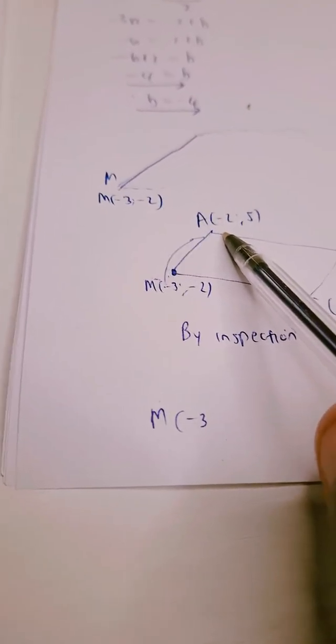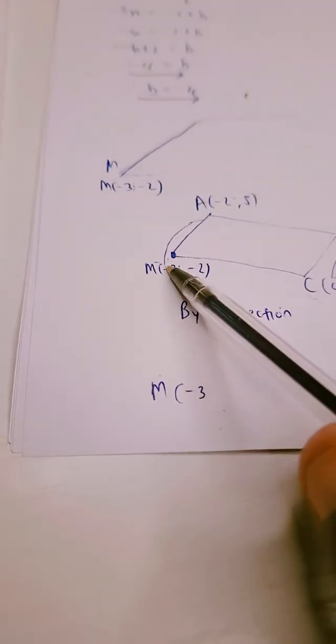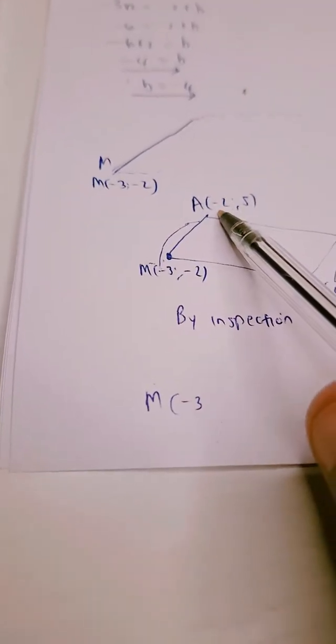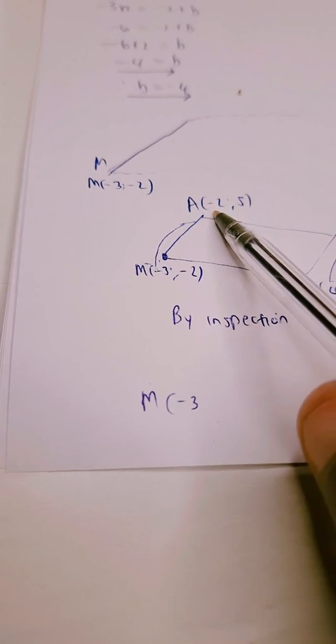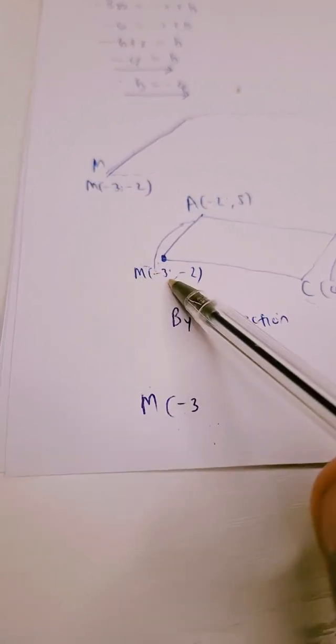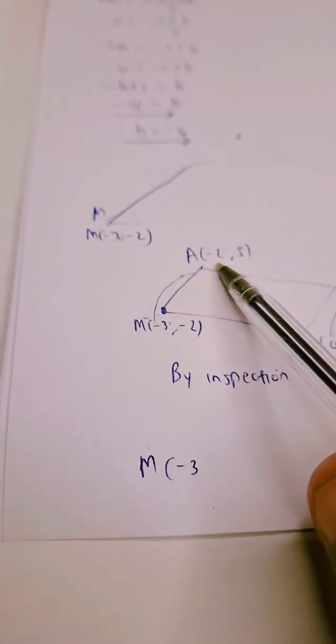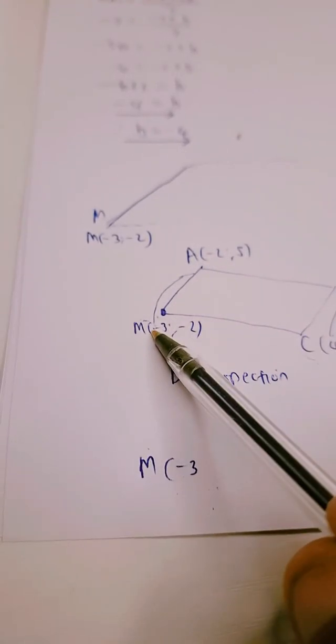All right, that's my question. What would we do to this x coordinate of -3 to get that x coordinate? If you have -3 and you want an outcome of -2 at the end, what do you do to -3?